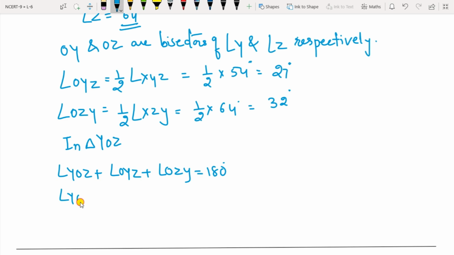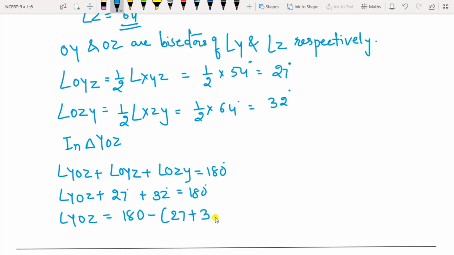Angle YOZ, and this is 27, this angle, and this is 32, equal to 180. So this becomes YOZ equal to 180 minus 27 plus 32.